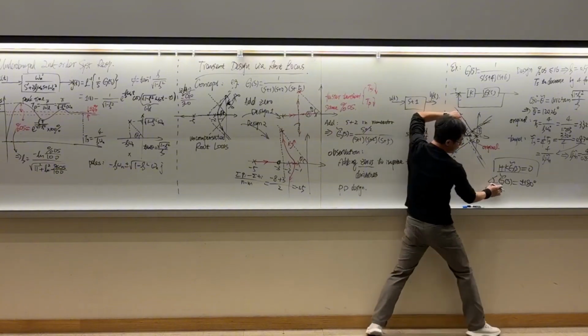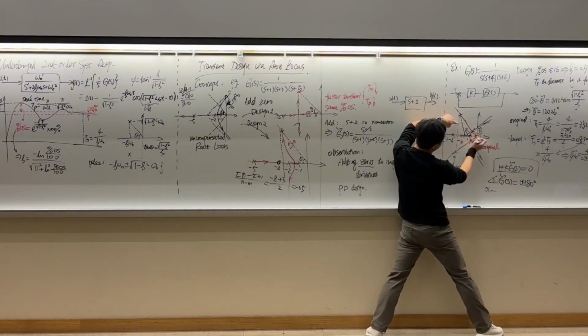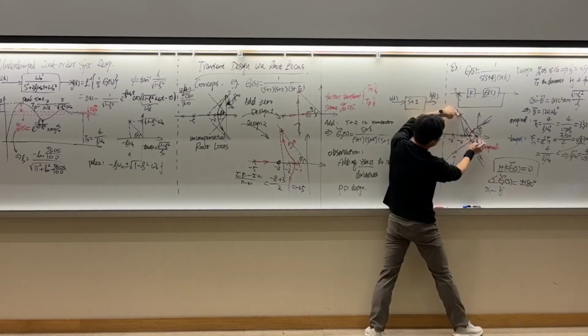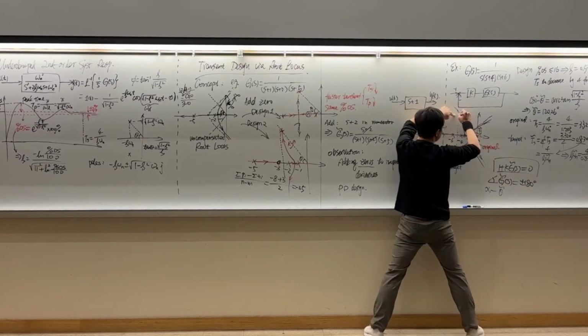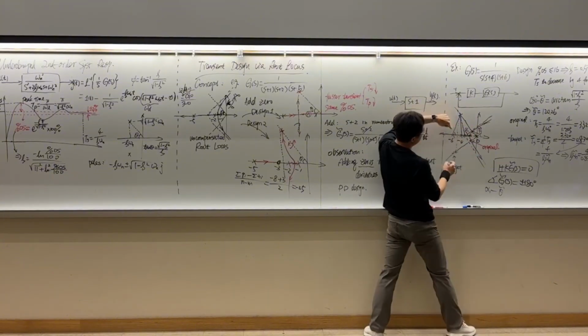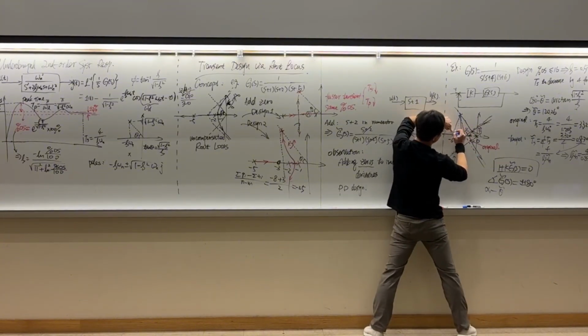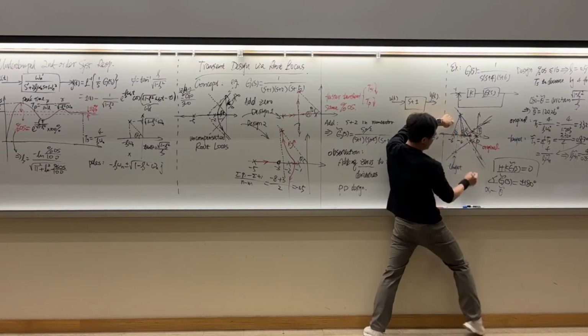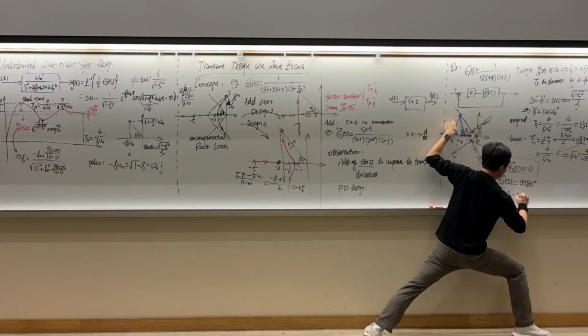So the angle of g tilde of s should be alpha 1 minus theta tilde, the angle to this open loop pole, minus the angles to these two remaining open loop poles. Let's call them theta 2 and theta 3. So alpha 1 minus theta tilde minus theta 2 minus theta 3 should equal plus or minus 180 degrees.